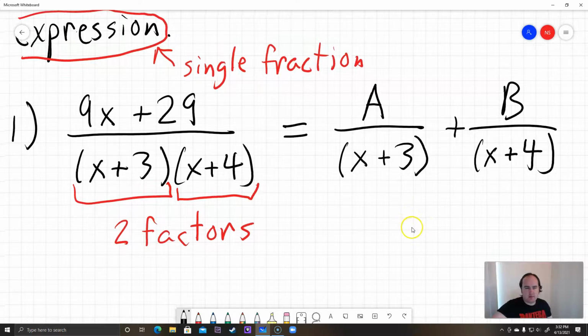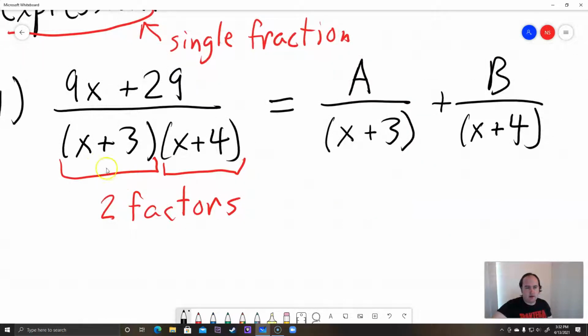Once again, because there are two factors here, when we split it up into fractions, we're going to get each of those factors. Notice that in each denominator, I have one of those two factors. If there had been three distinct factors, we would have capital A over the first factor, plus capital B over the second factor, plus capital C over the third factor.